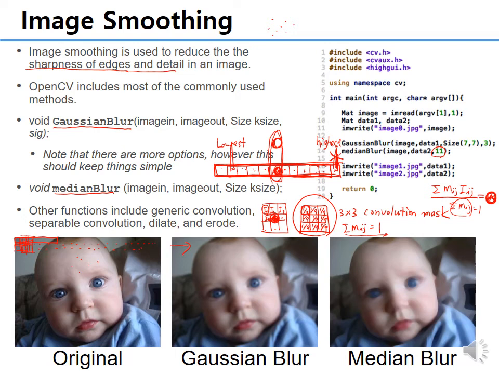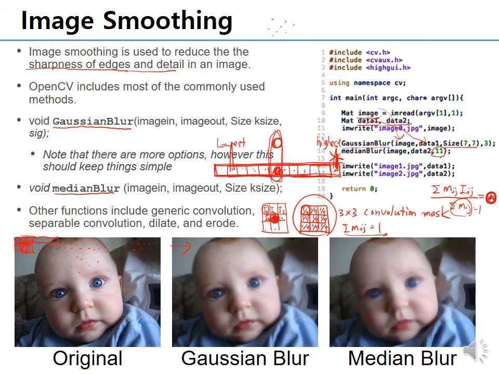Let's look at this example code. They make a Mat image, data 1, data 2, and we apply the Gaussian blur. This is the input image, and this is the output image, data 1.